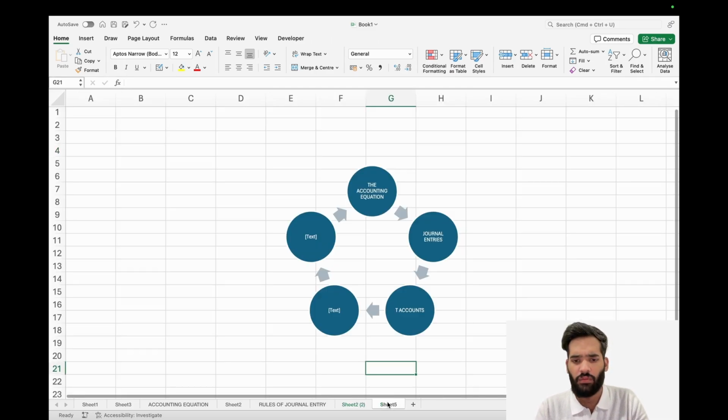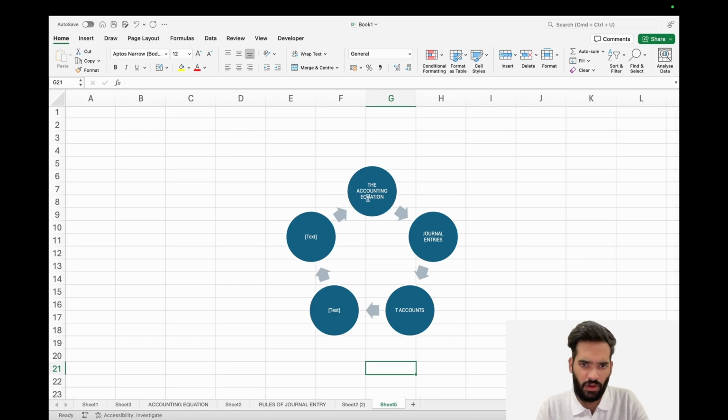Because as we go further in our accounting cycle, we will learn the accounting equation, journal entries, T accounts, and more, until we make the financial statements, like the income statement to calculate the profit, and the balance sheet to report on the assets, liabilities and equity. We'll talk about that, don't worry at the moment. But just to let you know, we do need the total balances at the end of the year so we can make those reports for a certain accounting period.